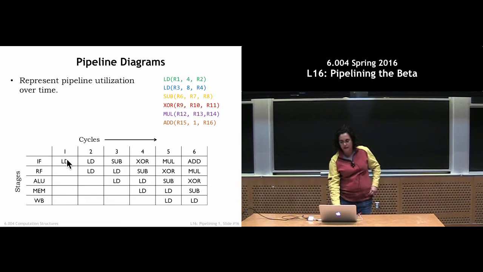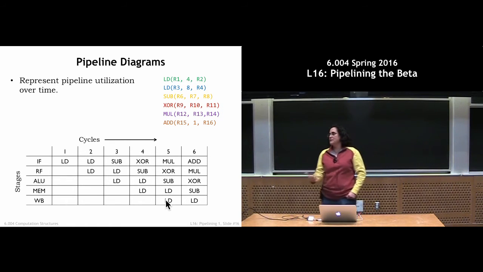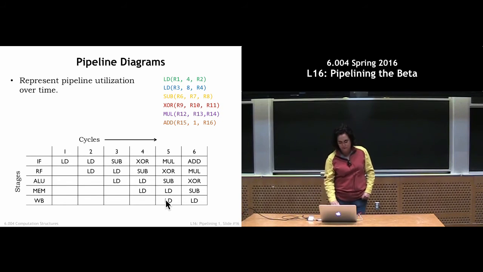So if we look here at this sequence of instructions, we start off with the green load. It's in cycle 1, it's in the IF stage. Cycle 2, it's in the RF stage, and so on and so forth until in cycle 5, it makes it to the write-back stage. Then in cycle 2, we begin the blue load. Okay, so it proceeds down these 5 stages, and so you see these diagonal paths down our pipeline diagrams indicating the execution of each instruction as it passes through the different stages of our pipeline.